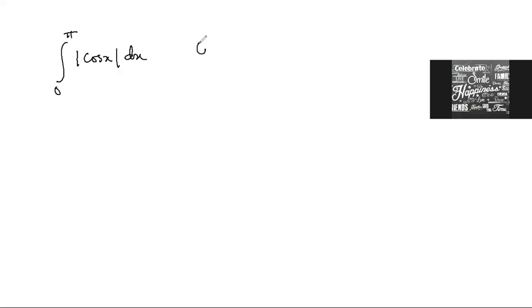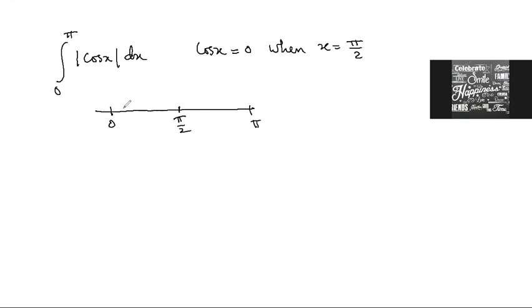Tell me, where does cos x become 0? Pi by 2, no? So the point of change is pi by 2. In 0 to pi, pi by 2 is the point of change. In this interval it is positive, and in this interval it is negative.